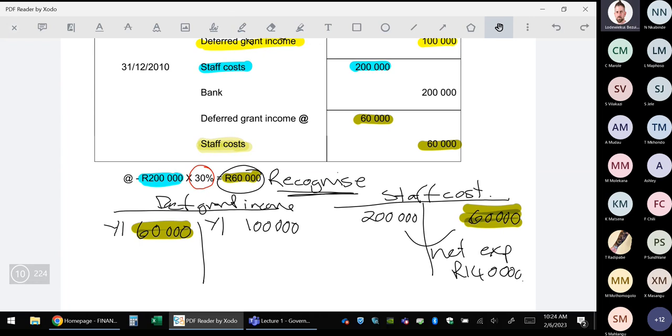Right, so that means our balance left on the deferred grant income is 40,000.